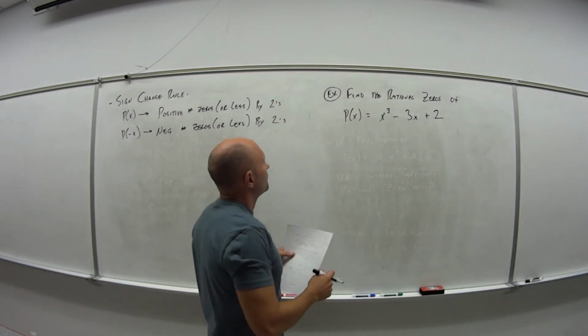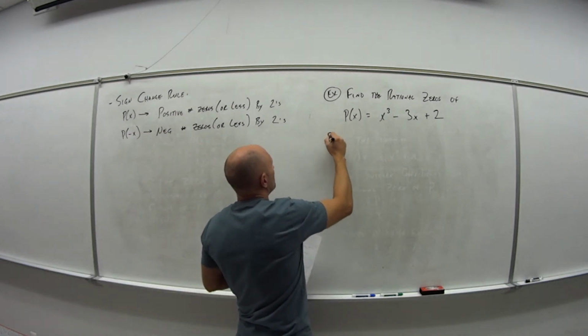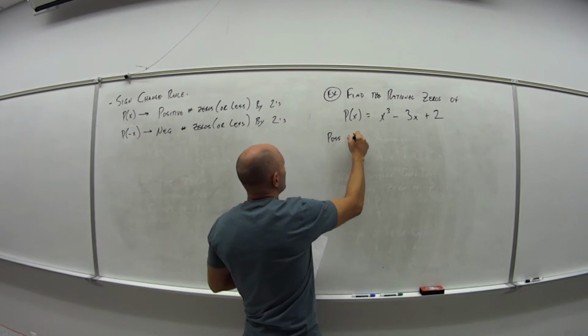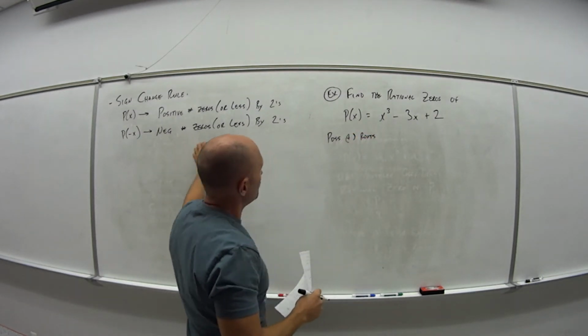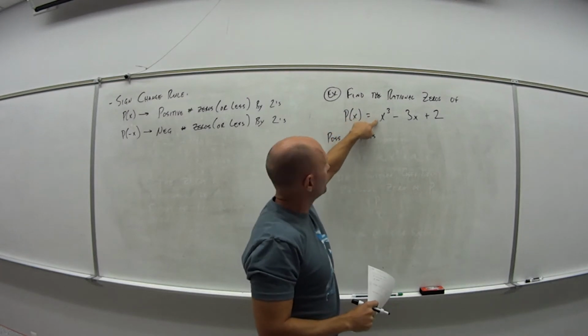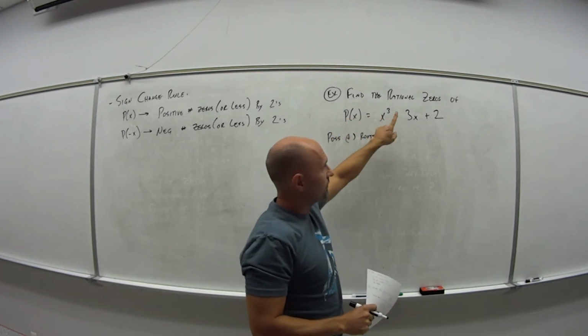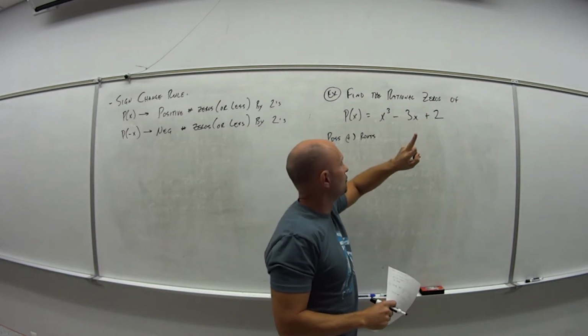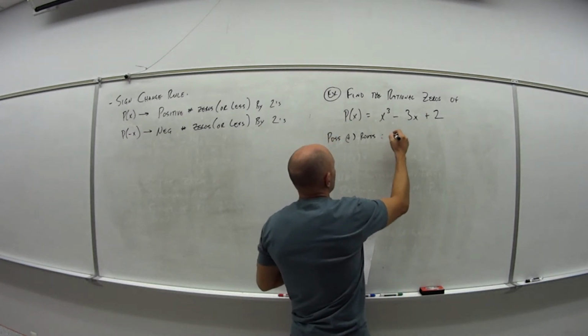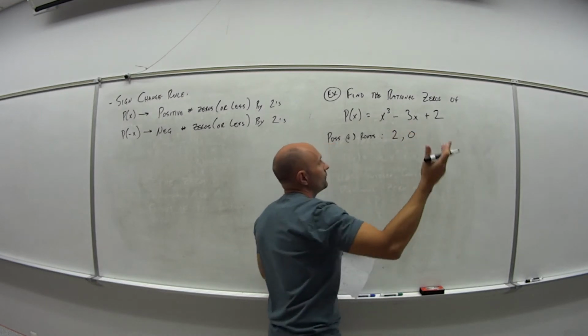So, first thing, possible positive roots. This comes from our sign change rule. I start at positive, switches to negative, that's 1 sign change. Switches to positive, that's 2 sign changes. So my possible number of roots is either 2 or 0.